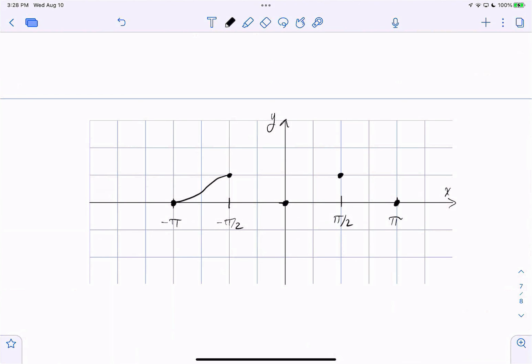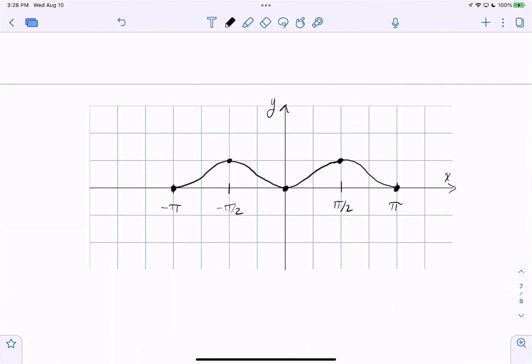And then I'll keep trying to do that. Concave down here, switch to concave up. Cleaned that up just a little bit, and then concave up to concave down, and then concave down to concave up. Made that look a little better too. Let me label the y-axis with a 1, and that'll do it.